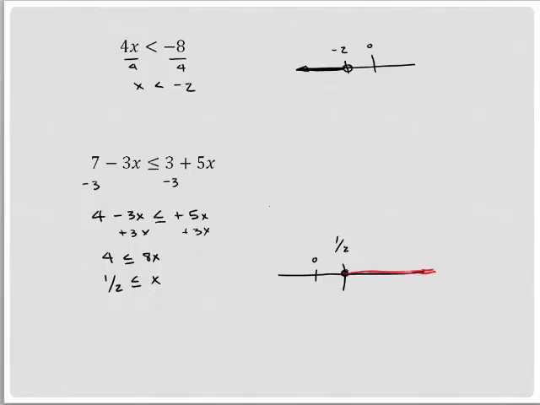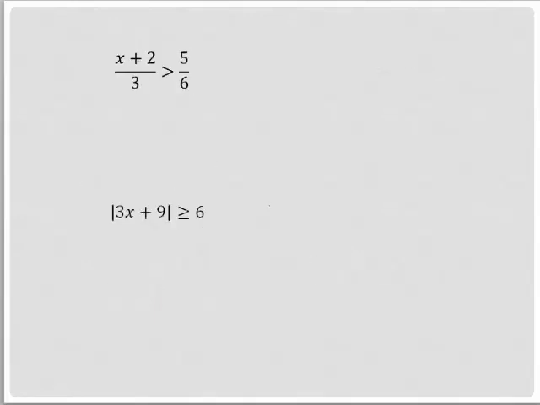All right, I think we're going along just fine. Let's try this one. This is a fraction. Okay, the first thing we're going to do is multiply both sides by 3.